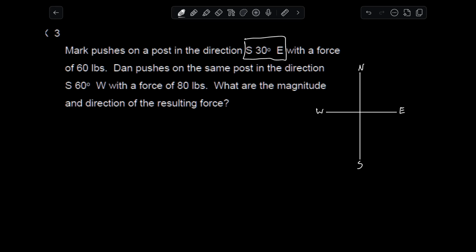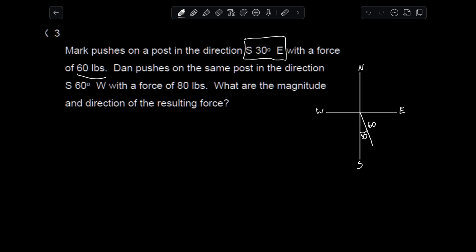So when you say south, we're going to start off in south, right? So go down here. And we're going to go 30 degrees east. So it's like this. So we're 30 degrees east off that with 60. That's the magnitude of it, right? So we have the direction and magnitude of the vector.